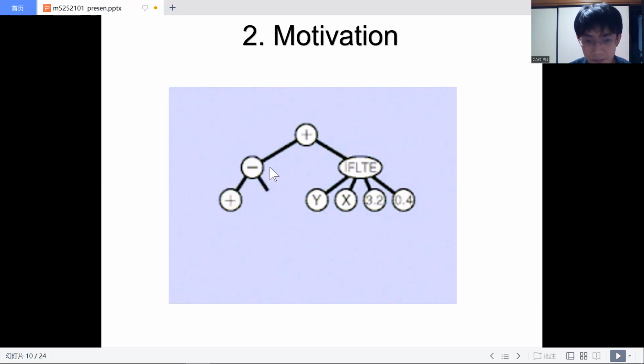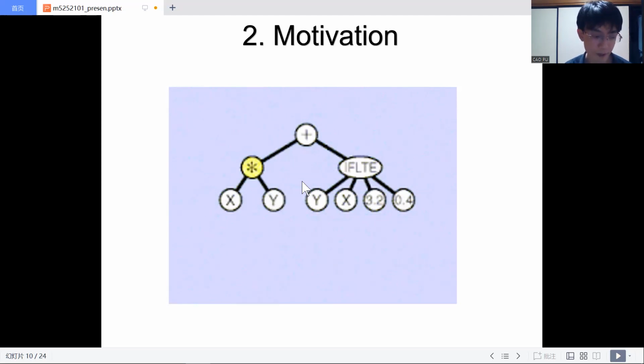If it is a terminal node, we also randomly pick to decide which value it will be.